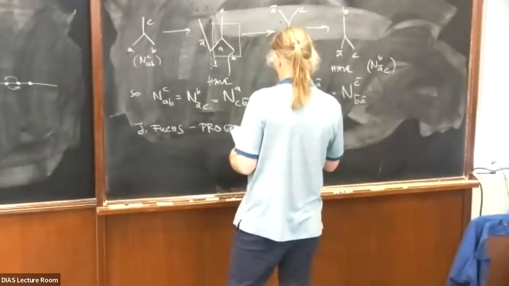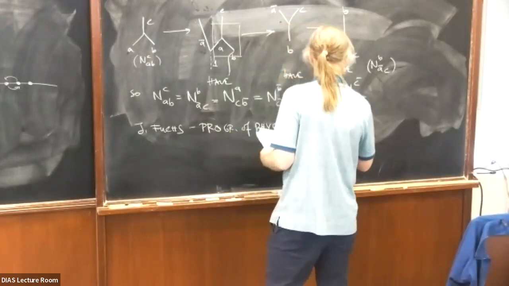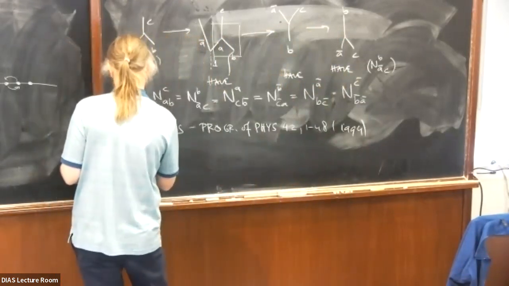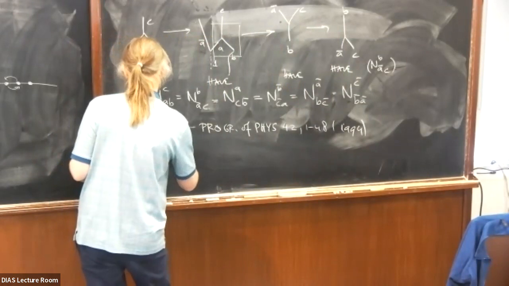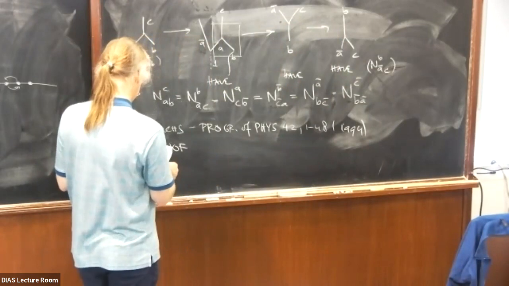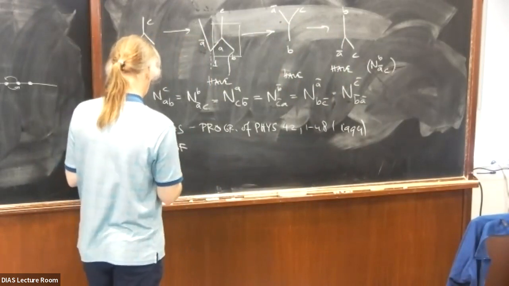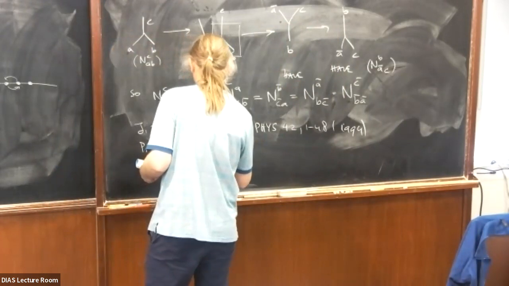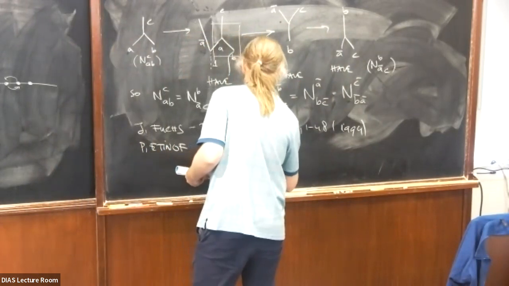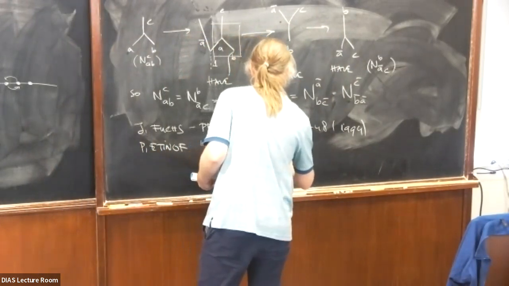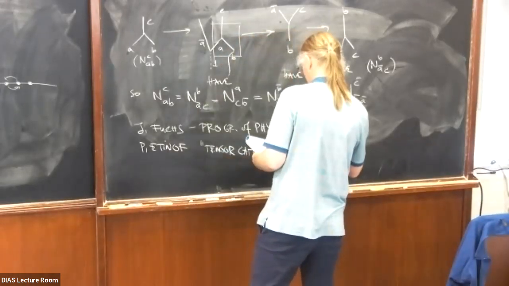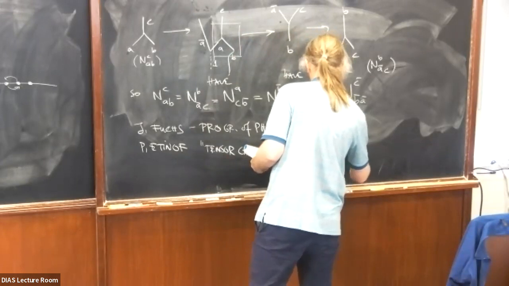And a more modern reference is the book titled Tensor Categories, published by the American Mathematical Society, in 2015.